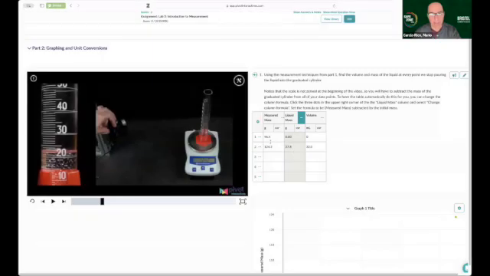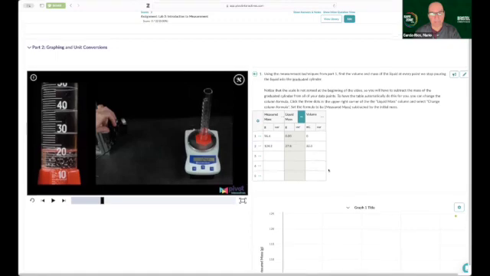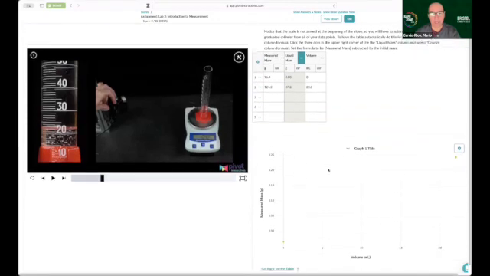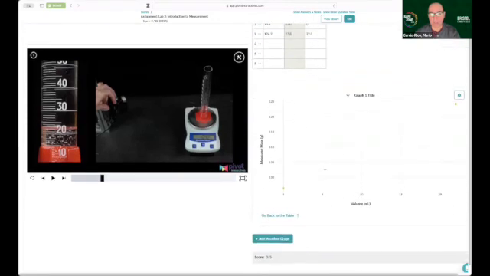But check this out. The mass of the liquid itself is now calculated automatically by the formula by subtracting 96.4 from 124.2. If you do the same for the next reading, you're going to see that that happens again. And then if we scroll down over here, we can see that there's a graph being built for us. That graph can provide some important information.